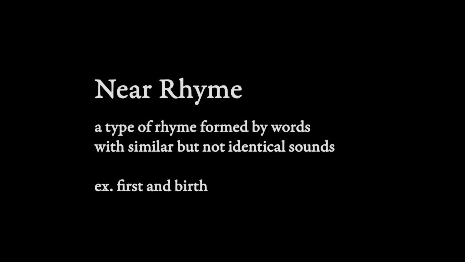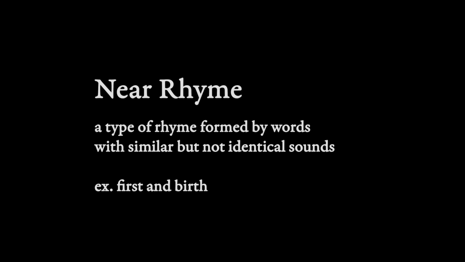I used to have a rhyming dictionary, and that was helpful, but now we have something called rhymezone.com, and you go there and you put in your word, and it'll come up with a whole bunch of rhymes for that word. Some of the rhymes are perfect. It starts off with perfect rhymes, and then it goes to near rhymes. "First" and "birth" are near rhymes.